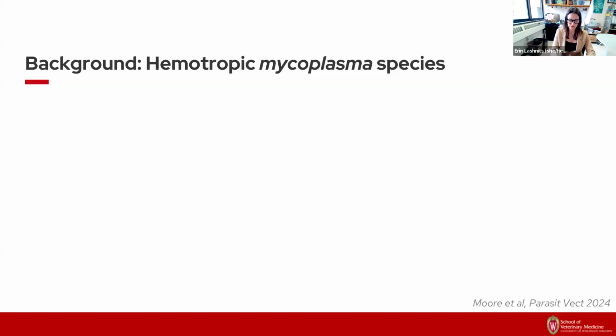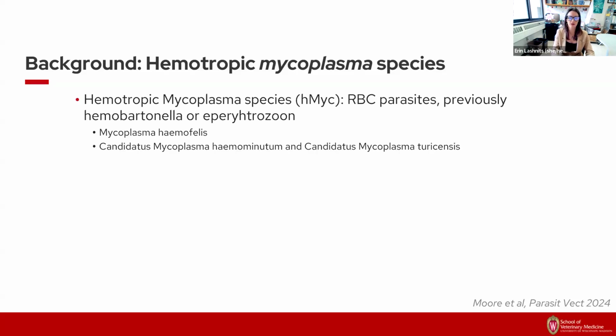The third bacterial pathogen that I'll talk about didn't make the list up front because this is hemotropic mycoplasma, and these hemotropic mycoplasmas are pathogens of cats, although they are not typically zoonotic. They're not typically the same species that are transmitted cat to cat, and are not typically transmitted to humans. These are red blood cell parasites, previously known as either hemobartonellas or eperythrozoans.